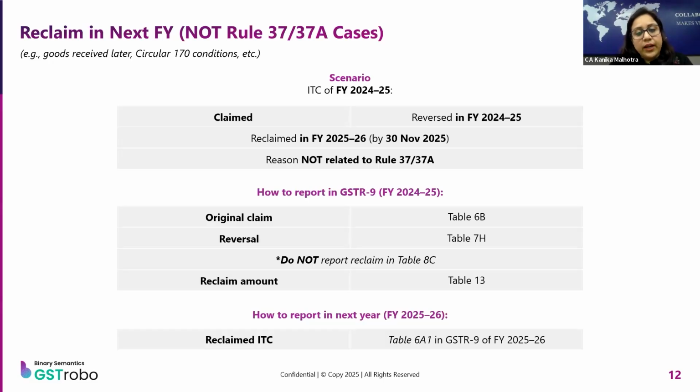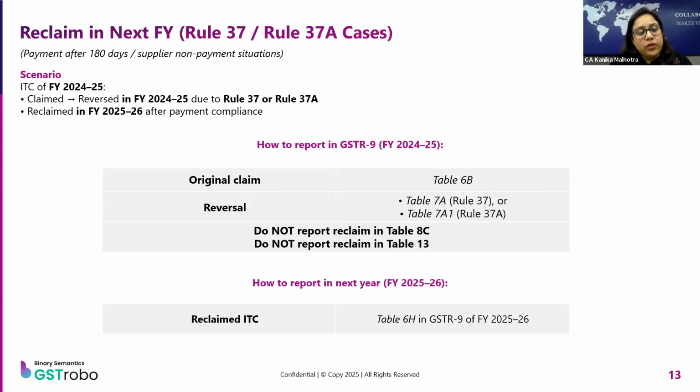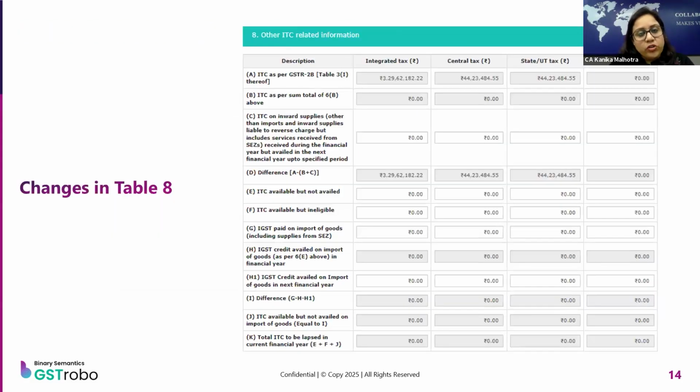As you have understood, if we come to table 8C, table 8C talks about the inward supplies other than imports and inward supplies liable to reverse charge, but includes services received from SEZs received during the financial year but availed in the next financial year up to the specified period.